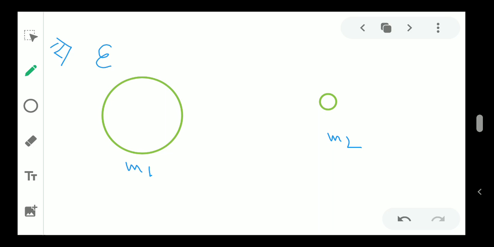So this is our earth and this is our ball. That means the earth will give you more hindrance when you are trying to change its state rather than the ball, which will give you less hindrance when you are going to change its state. So that means here in case of earth you have to give more effort. Now how do we change a state?